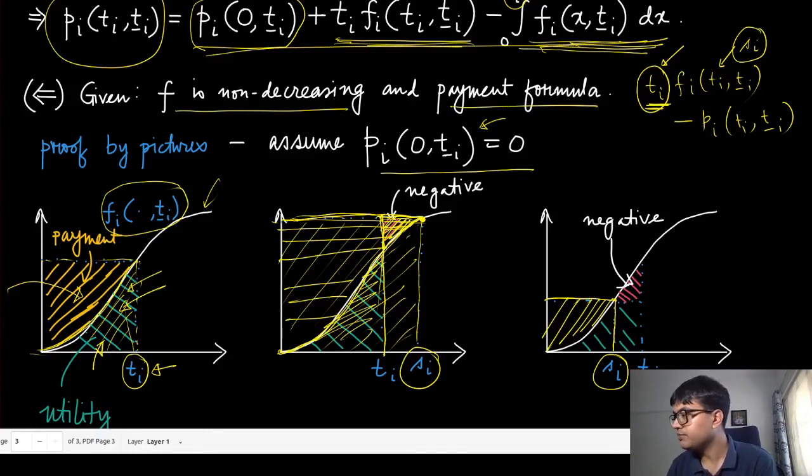So this Ti times this part, this is going to be the new allocation here. So this smaller rectangle is going to be the valuation part for this agent, minus the payment that it is making.